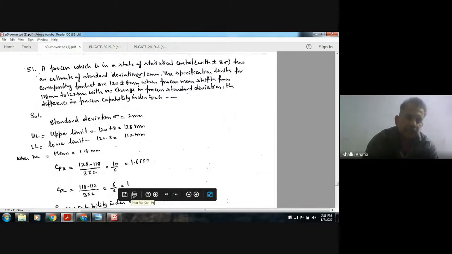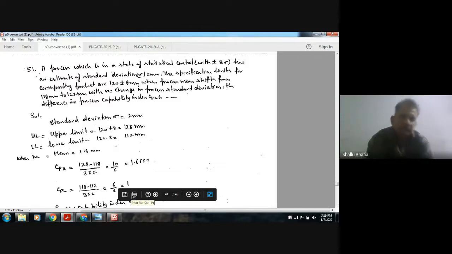Next, a process which is in a state of statistical control with plus minus 3 sigma has an estimate of standard deviation sigma of 2 mm. The specification limits for the corresponding product are 120 plus minus 8 mm. The process mean shifts from 118 mm to 122 mm with no change in process standard deviation.